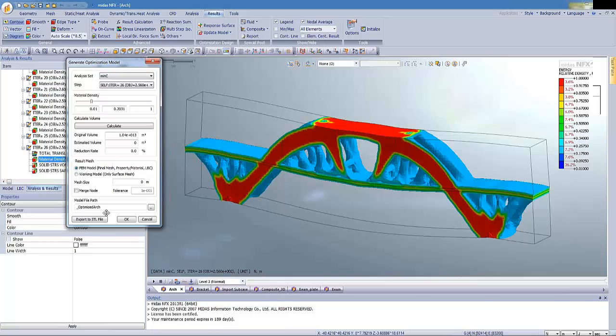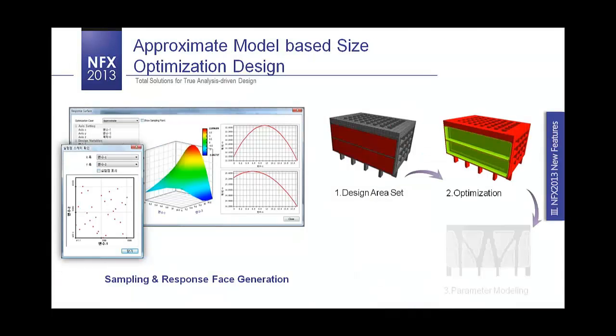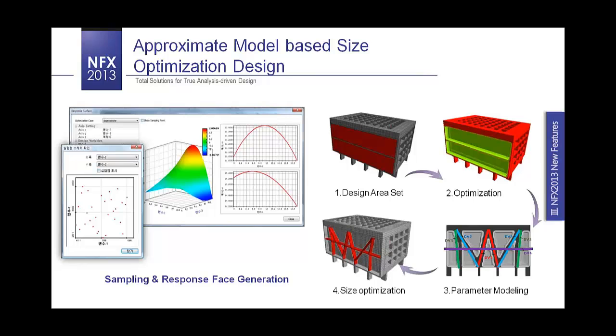Okay, so now Cyprian will provide you a little introduction to size optimization, which is the second type of optimization, and actually this is the most, let's say, important feature that we implemented in 2013. Yes, thank you, Piotr. So as you saw, topology optimization was a new feature last year, and now we added a new type of optimization, which is called size optimization. So it works by optimizing some parameters of your model.